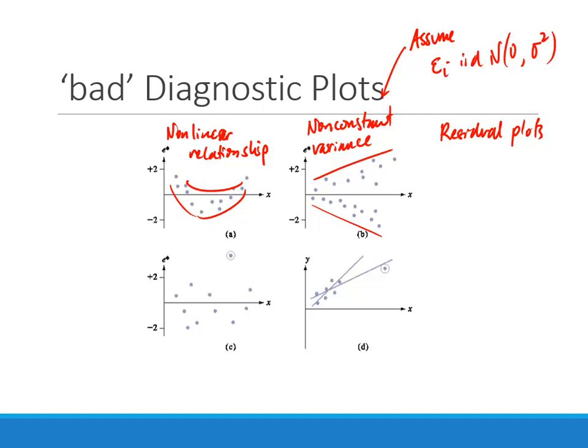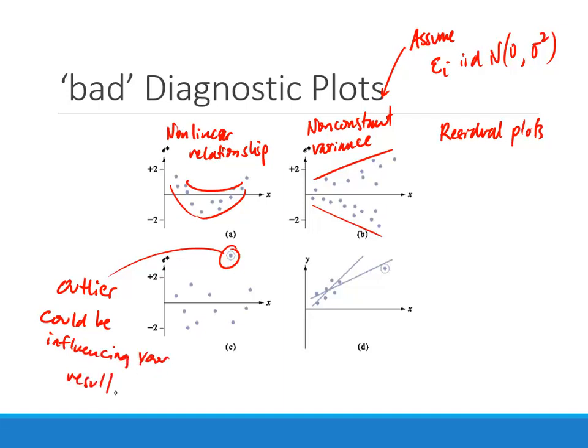And also this lower left one now, when we have this point floating around, this is an outlier which could have bad implications for your regression model. So again, looking at the residual plot, you can see that is an outlier, and that you should go back and look at that.